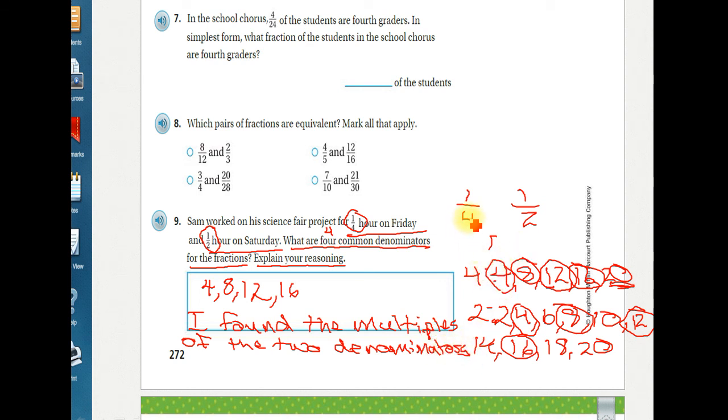Here are the multiples of the denominator 4. Here are the multiples of the denominator 2. So I found the multiples of the 2 denominators, period. Then I found 4 that they had in common.